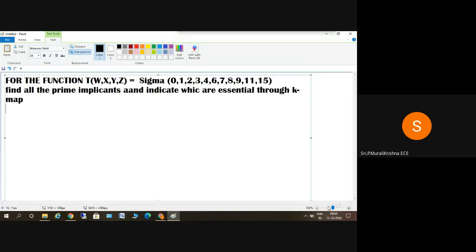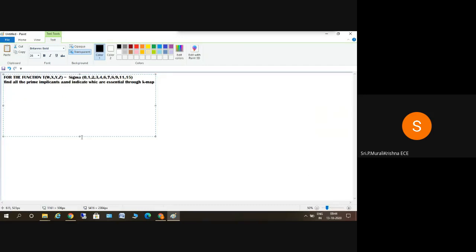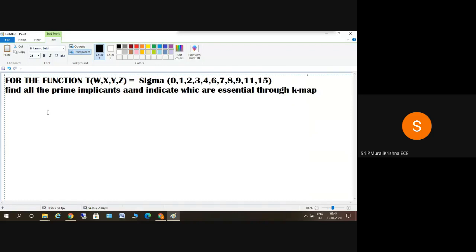Draw the Kmap and find out the prime implicants first, that is, the product terms. So draw the Kmap first.